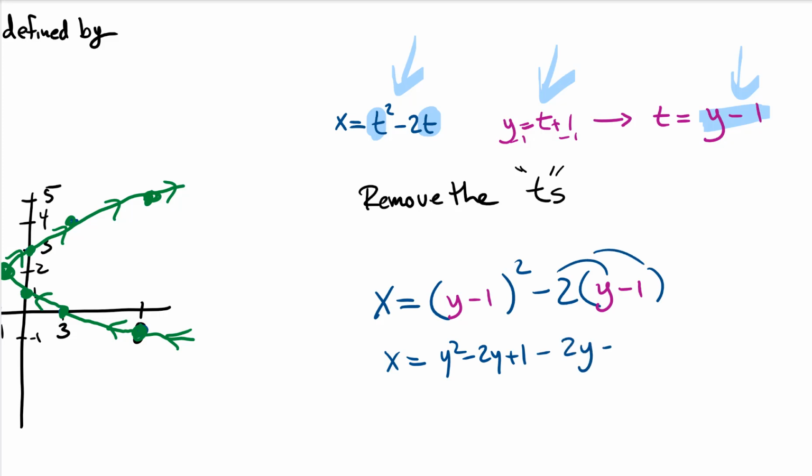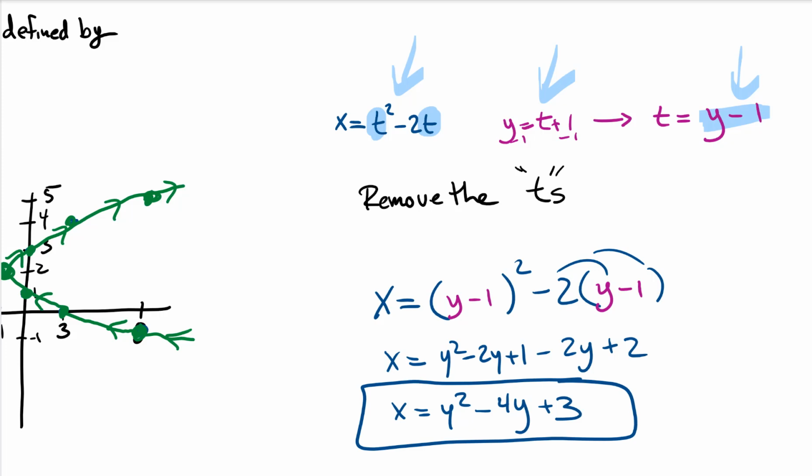So we get negative 2y plus 2. Now let's combine some like terms, and we see that x is equal to y squared minus 4y plus 3. We've removed the parameter. We've gotten rid of it. So we can now see that we have a parabola on its side.